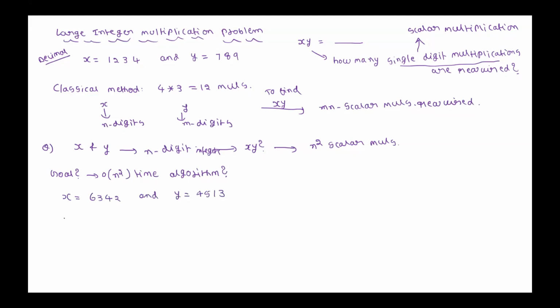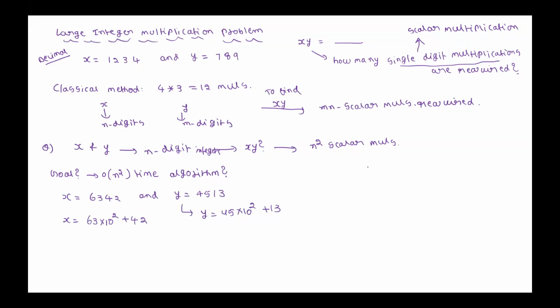Is it possible to write x as 63 into 10 square plus 42? Similarly, y as 45 into 10 square plus 13. Is that correct? Yes, sir. It is correct.